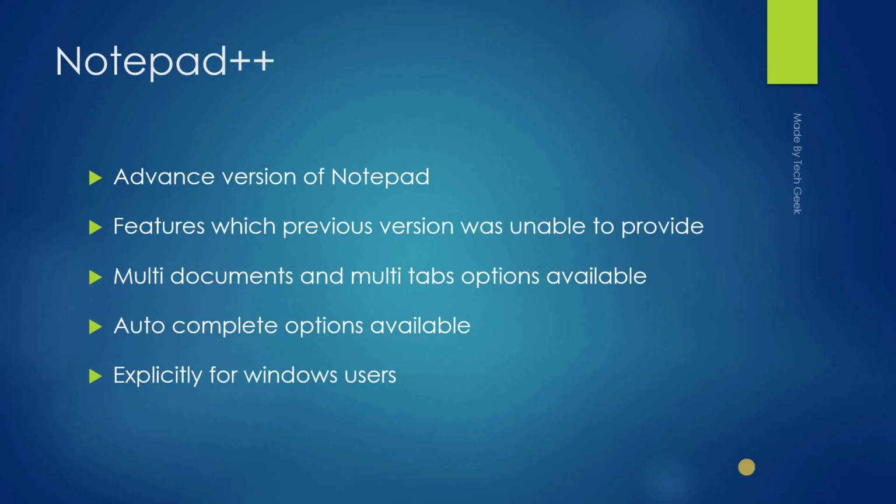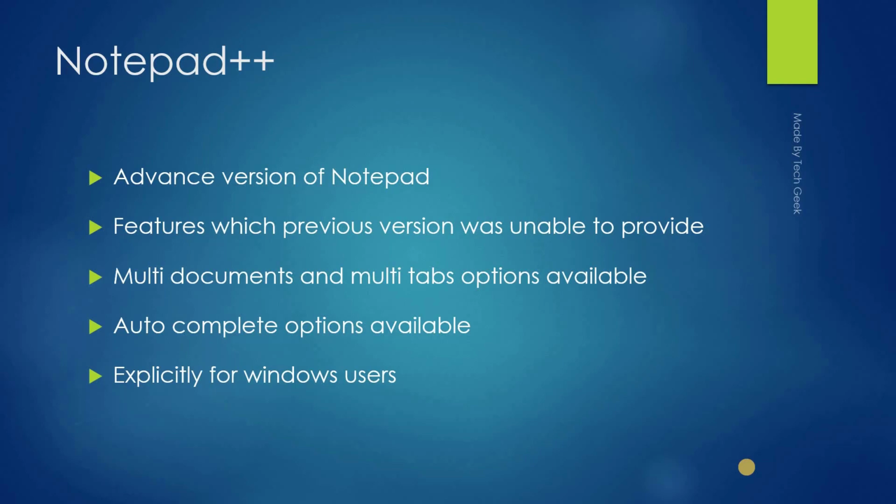The last editor which I want to talk about, and which we will use in this course with Sublime, is Notepad++. This is an advanced version of Notepad. It has some features which the previous version was unable to provide. It has multiple documents and multiple tabs options available. You can even open a full-fledged project in Notepad++, with multiple tabs as well.